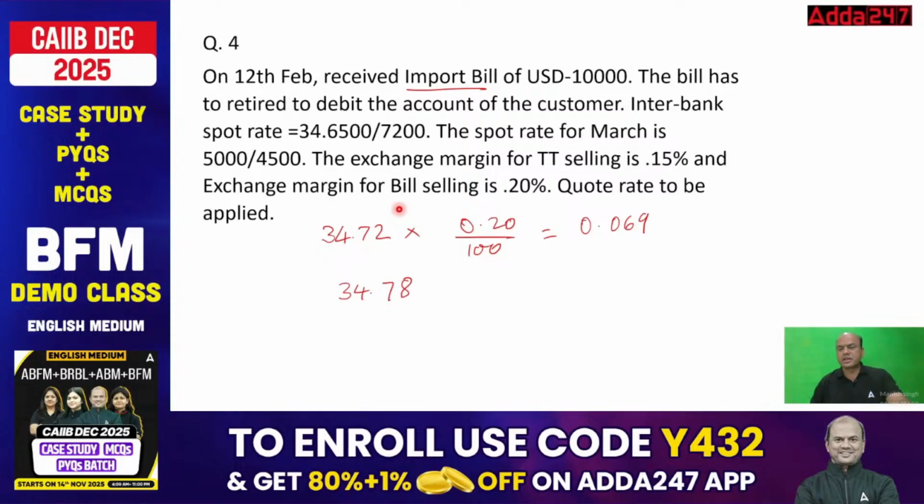So the answer should be 34.79, isn't it? This answer will be 34.79. Here I had taken 8 because I had added 6 over here, so it's actually 7. So 34.79 should be the answer. This should be 9 because I have taken this as equivalent of 0.07. Okay, got it?